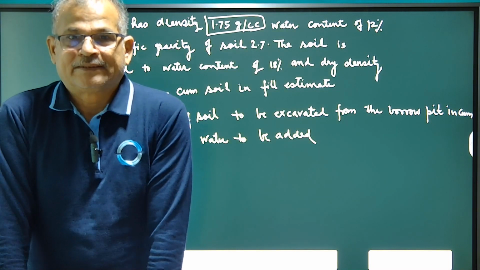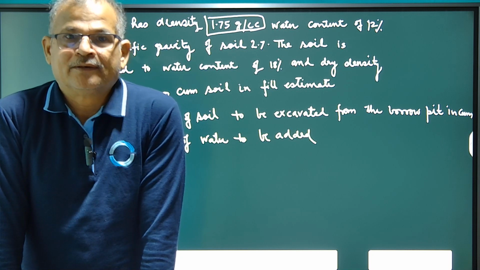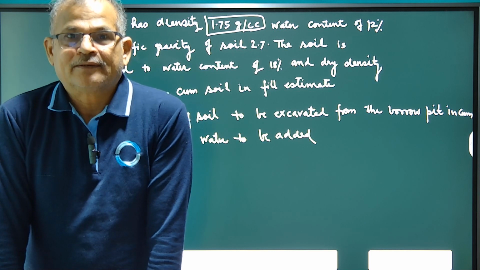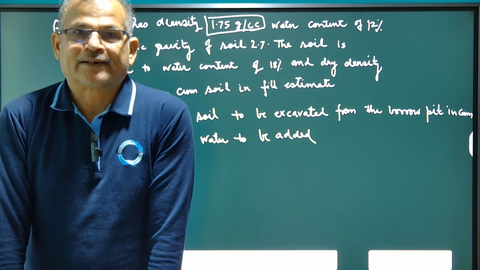Today, with this video, we will be learning about how much borrow area soil will be required to construct a certain quantity of embankment once the densities and water content are known.